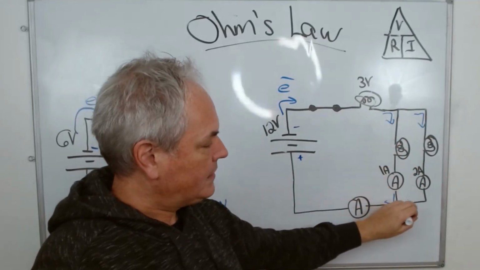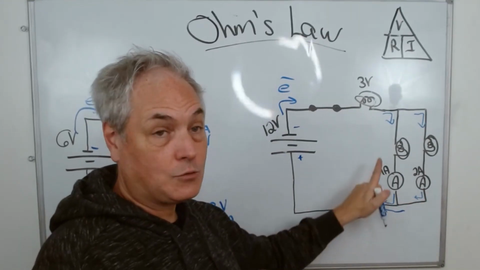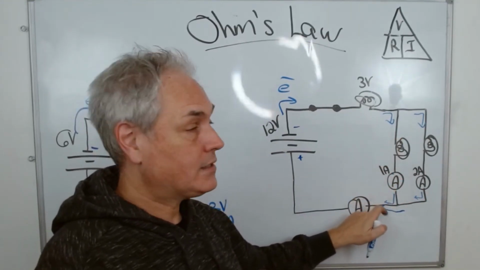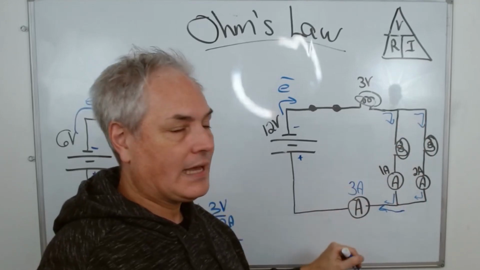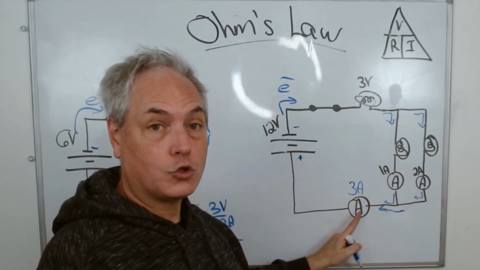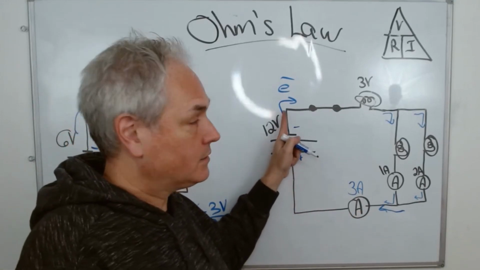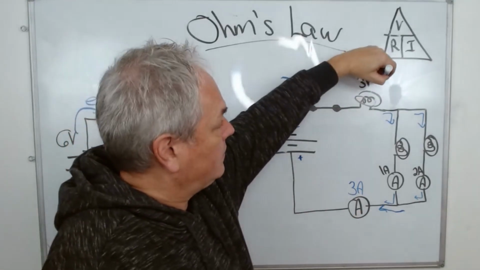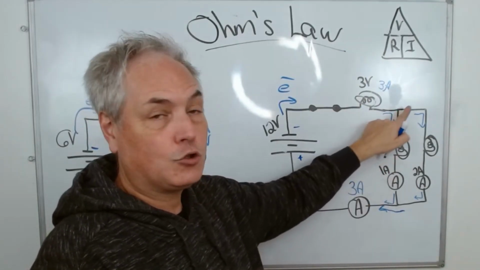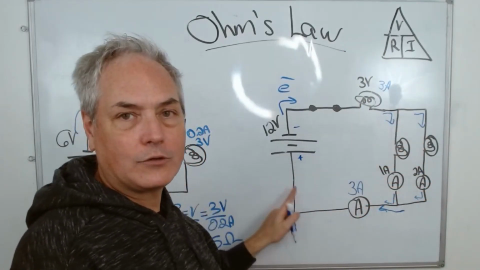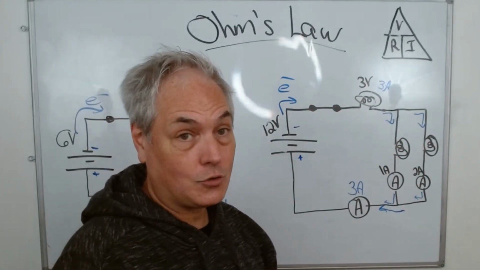So when they meet again right here, we have 1 amp going this way and 2 amps going that way. So that means I have 3 amps total going through this part right here. 3 amps going here, 3 amps going there. One is going down here and 2 is going down there to come back to 3. So this is the intensity of current going through.